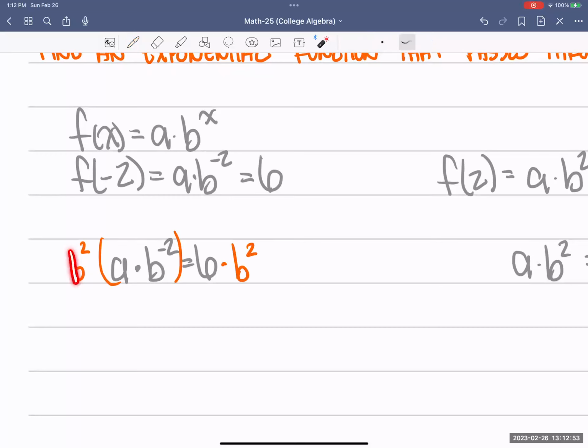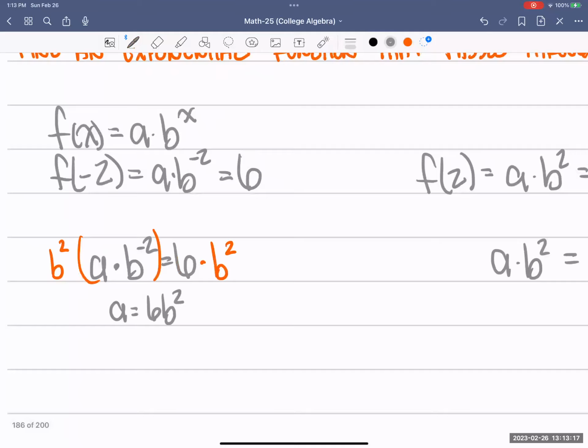Here, these two bases being exactly the same, we could add the exponents together. So 2 minus 2 gives us 0, and we end up with b to the power 0, which is exactly what we need. So a is equal to 6b squared.